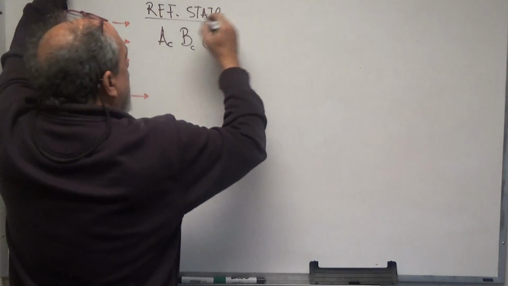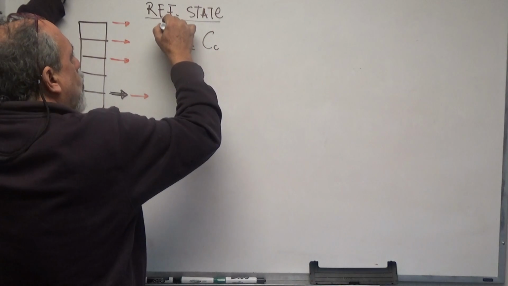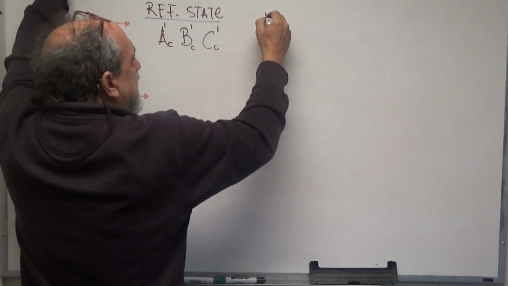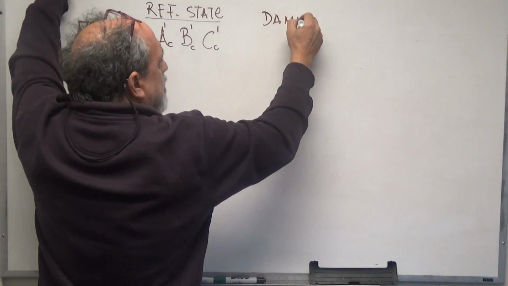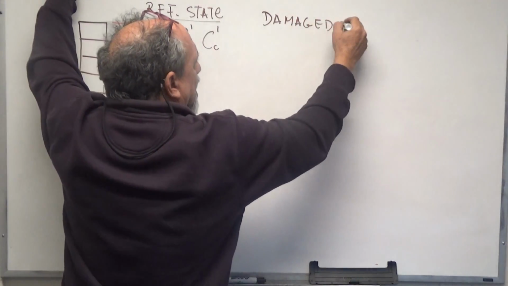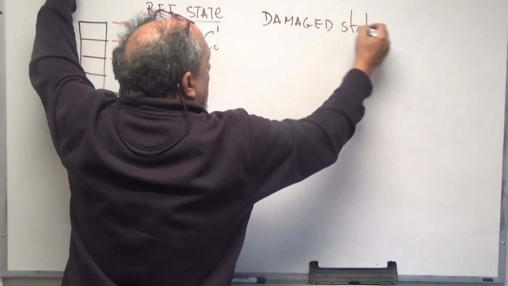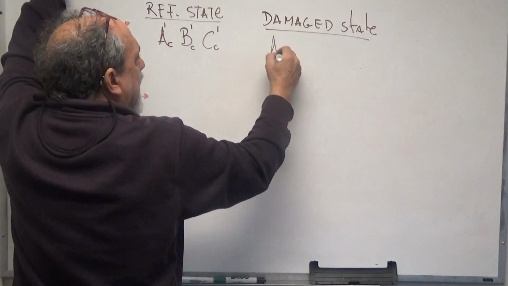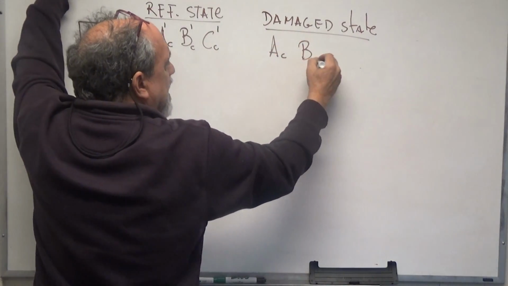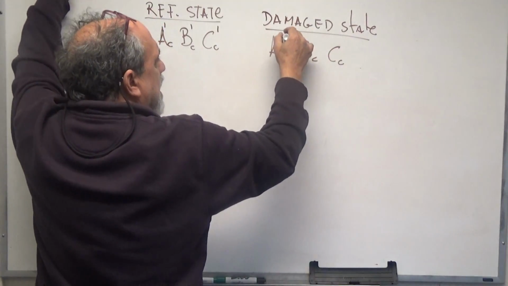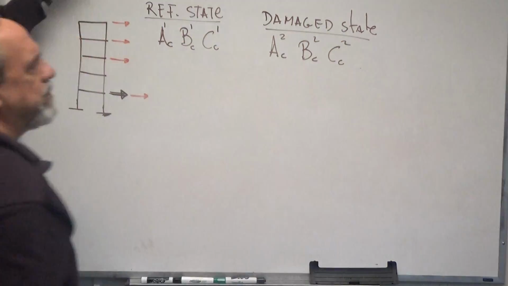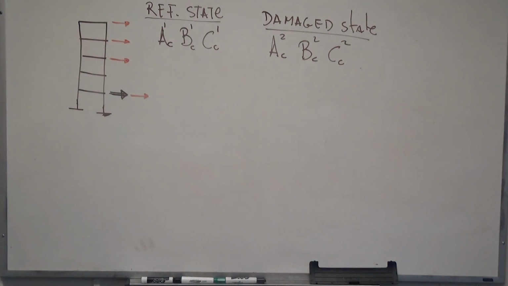Let's call those 1. And in the damage state, we have the same thing: A C, B C, C C, and let's call these 2's, right? And that's what we have.